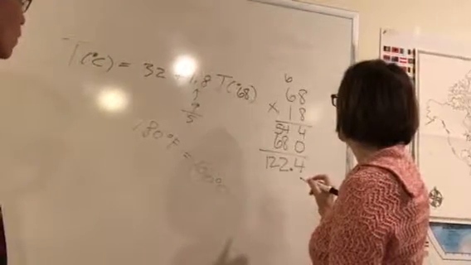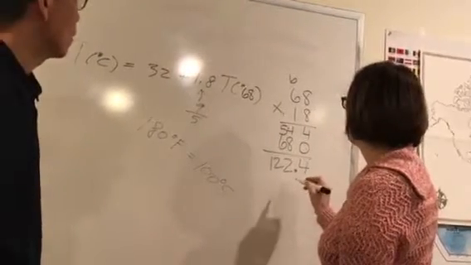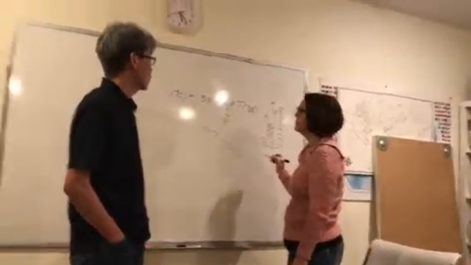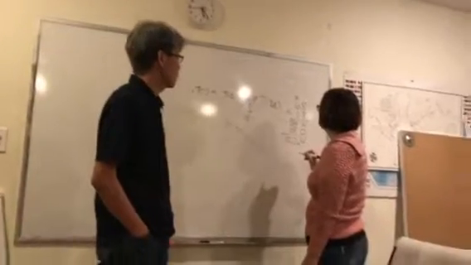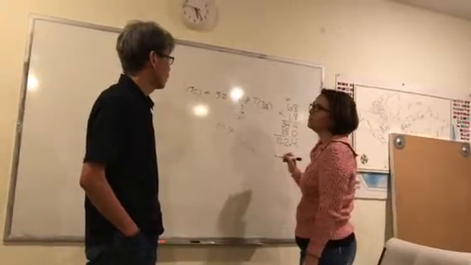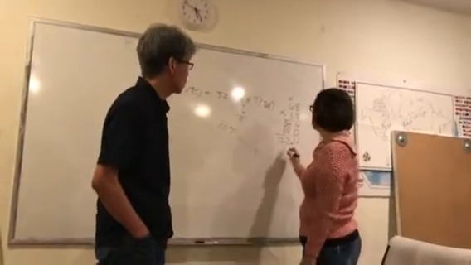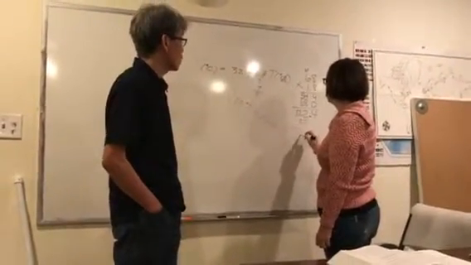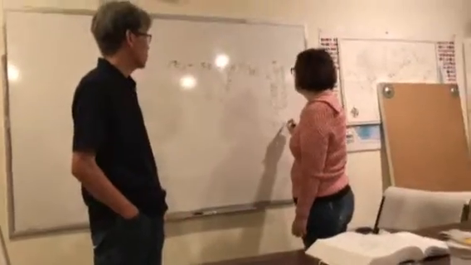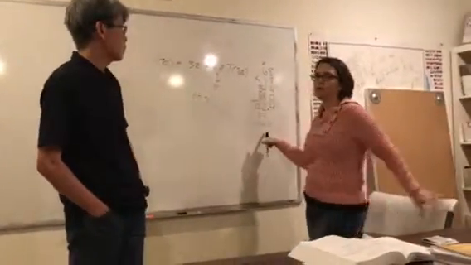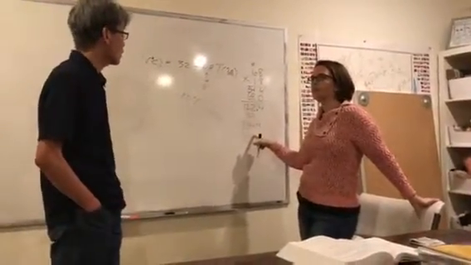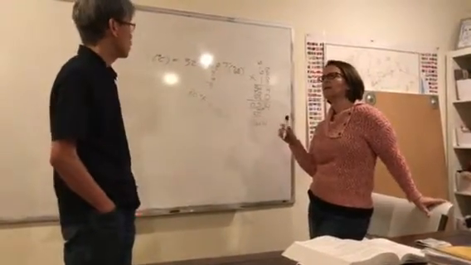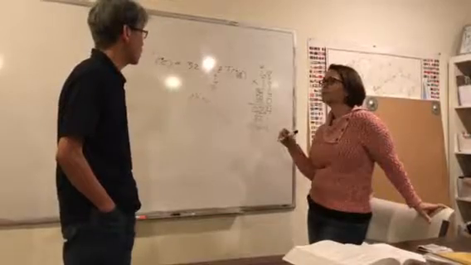What did I do wrong? Something's not right here. Plus 32. So 122.4, that's right. So I'm 154 degrees Celsius? So right now it's 154 degrees Celsius outside? No, you're doing it backwards.